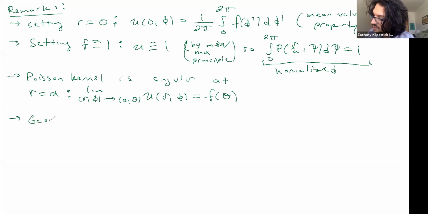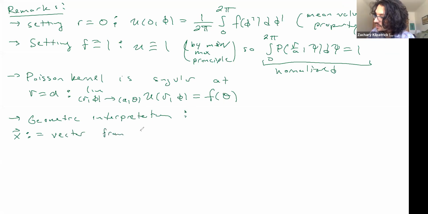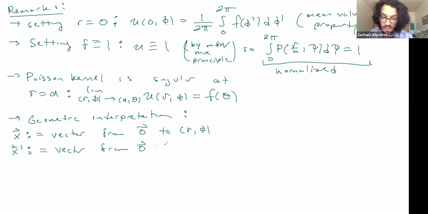And then to Kyle's point, the geometric interpretation of the Poisson kernel is, let's say x, we define that as a vector from the origin to some point r, phi. And we define x prime as some vector from the origin to a, phi prime.